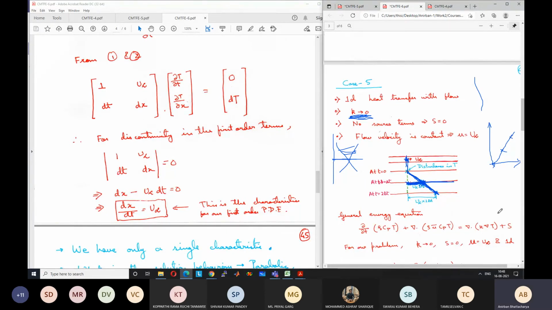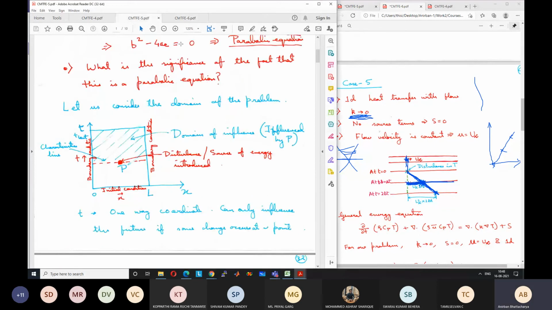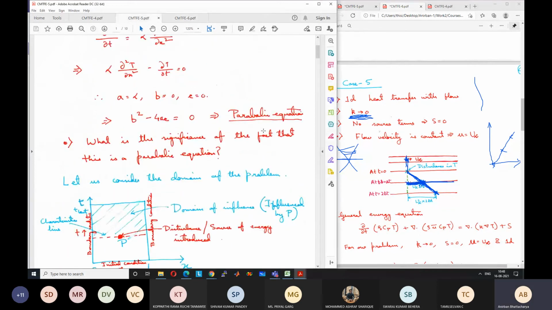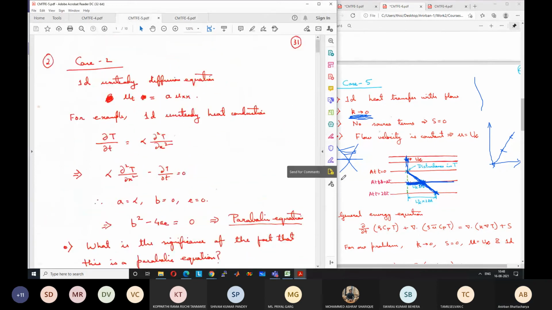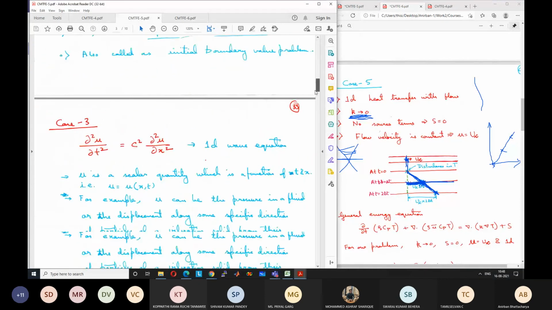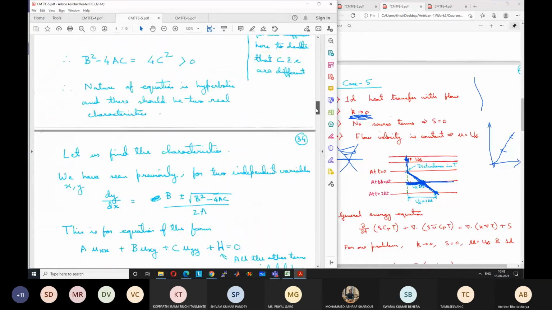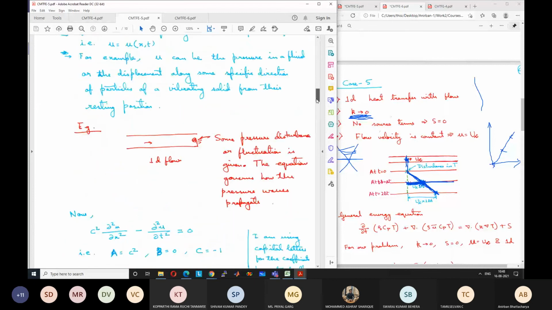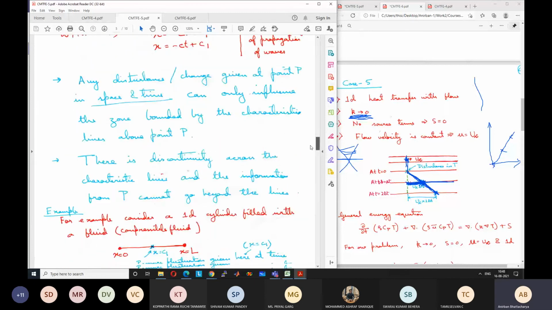What is the area of this zone of influence? The region of influence of any perturbation, what is the area? Domain of influence is the correct term, right?